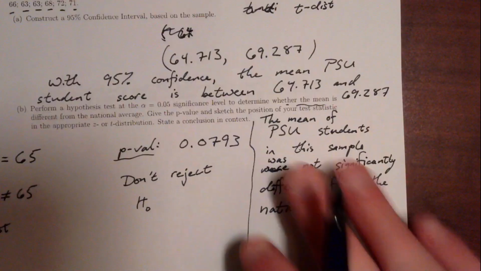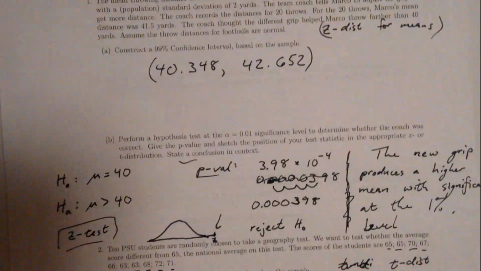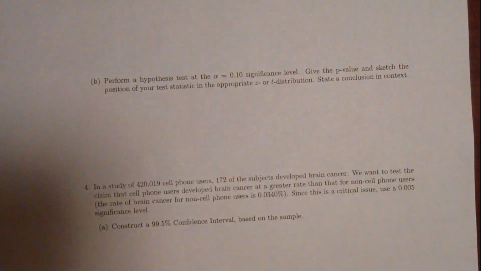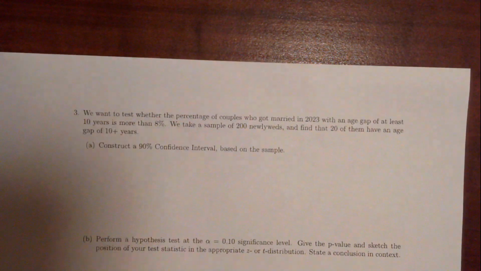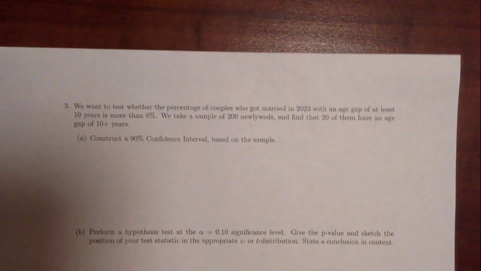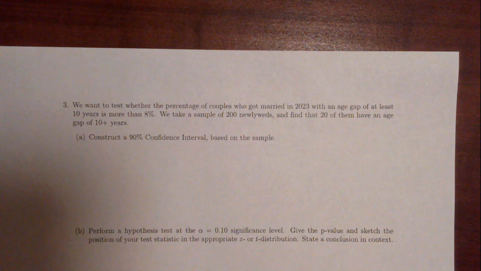Okay, well, let's keep the party going. What else do we have here? Let's talk about married couples. So we want to test whether the percentage of couples who got married in 2023 with an age gap of at least 10 years is more than 8%.